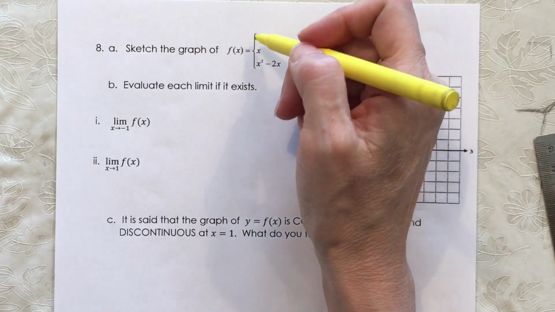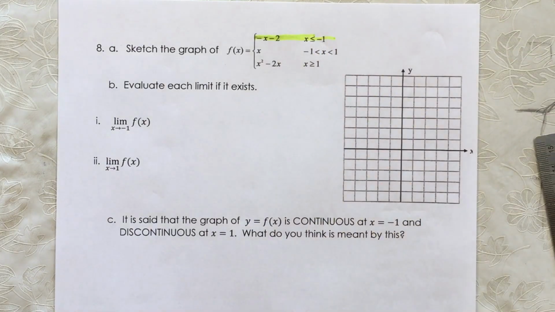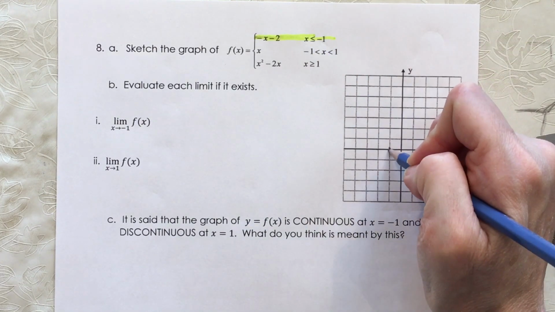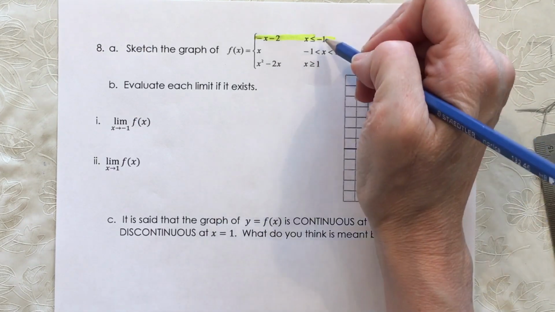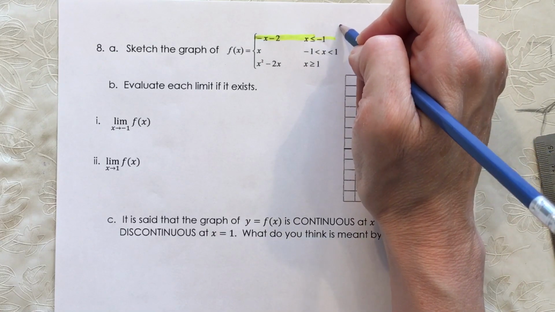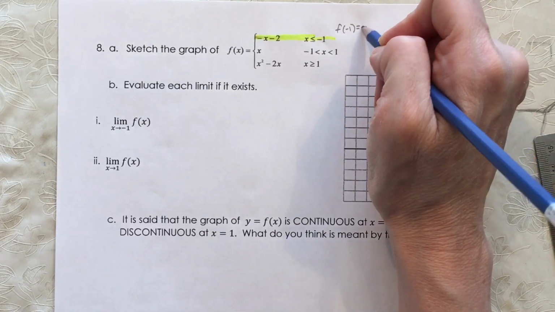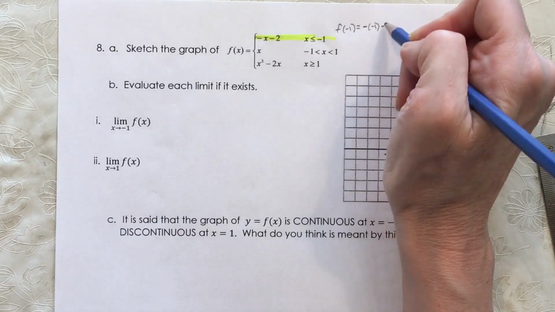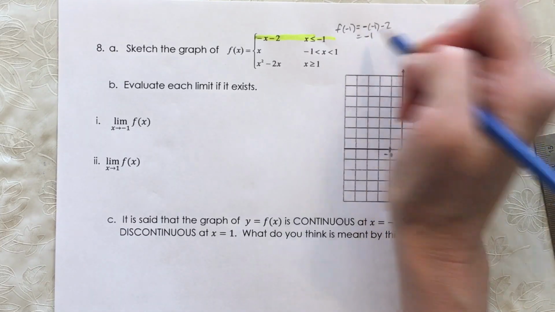So let's focus on the top part first. So x is less than or equal to negative 1. So here's negative 1. And we are allowed to equal negative 1. So f at negative 1 is going to be negative of negative 1 minus 2, which is negative 1.